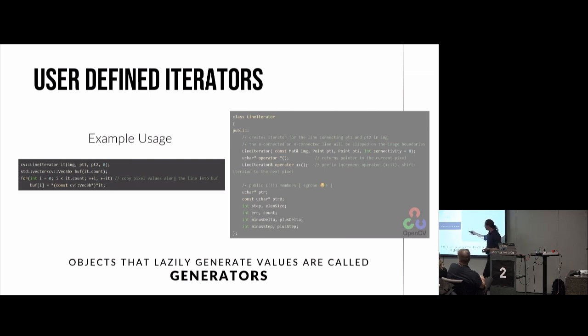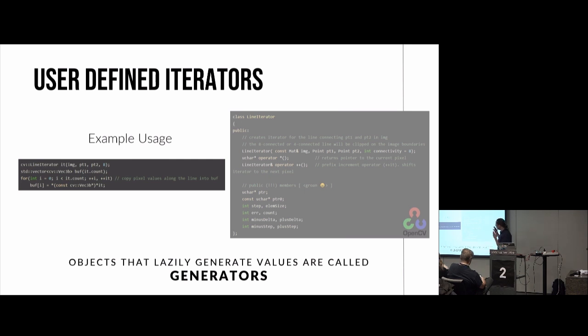And so we can run a for loop, where our counter i goes from 0 to it.count, again, that global member count, where we can increment both the iterator and the count. And then we need to cast the pointer type, because the type of the pixel is not always known at compile time. So there's this ugly cast over there.